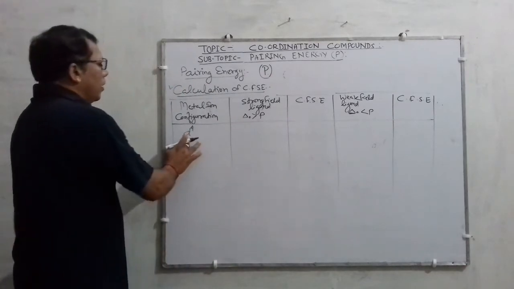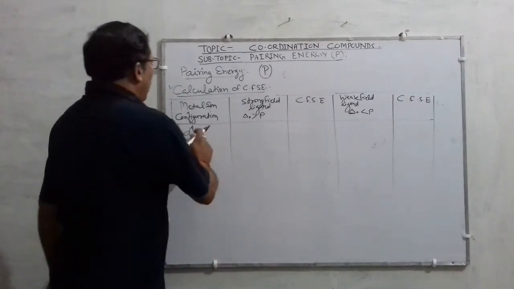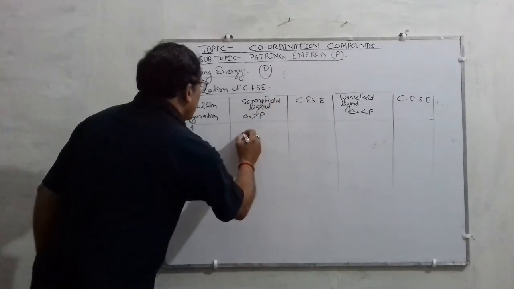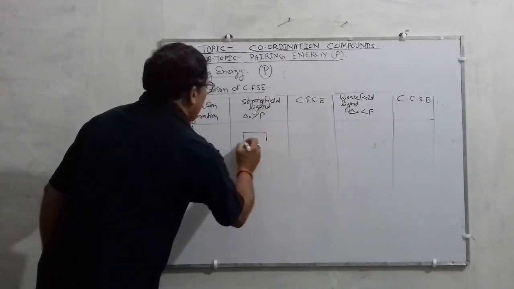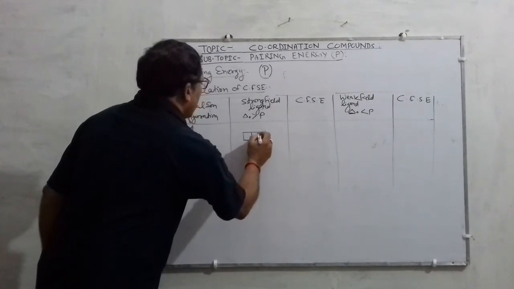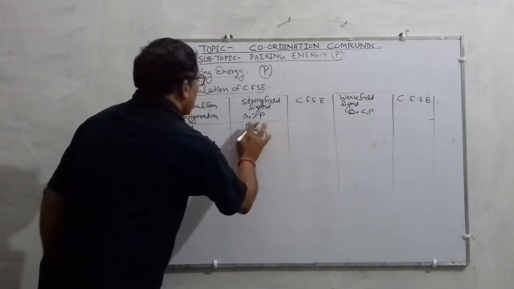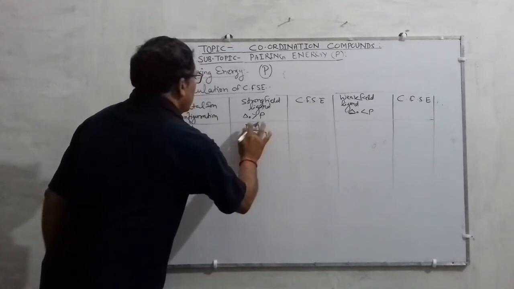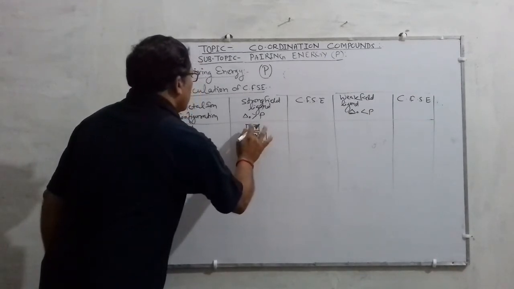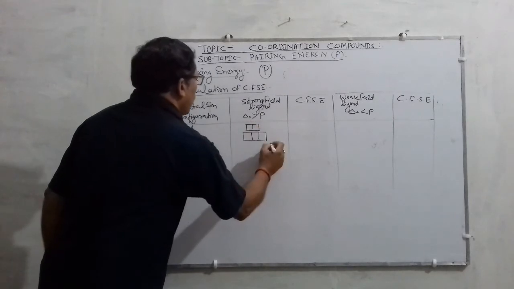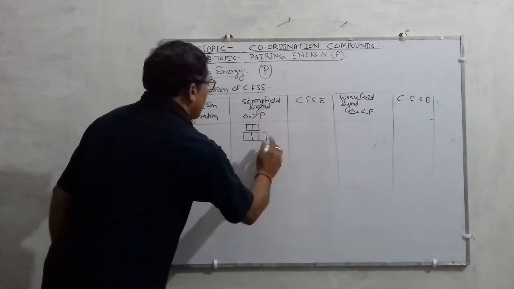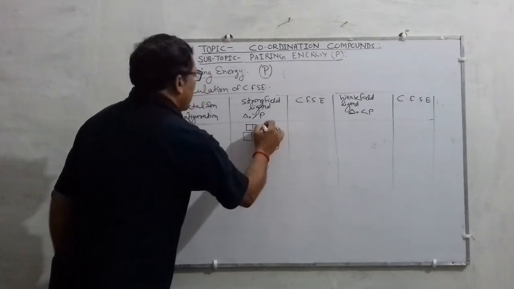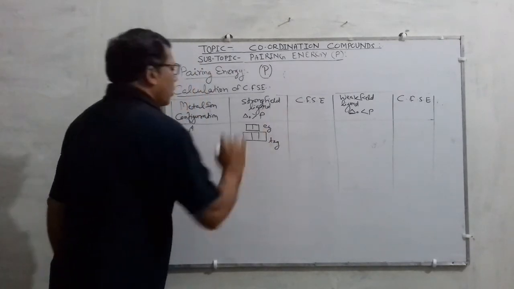So listen, in the case of d4 with a strong field ligand, this represents t2g and this represents eg.